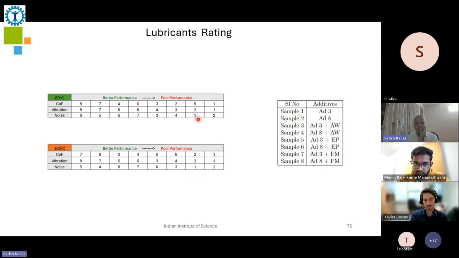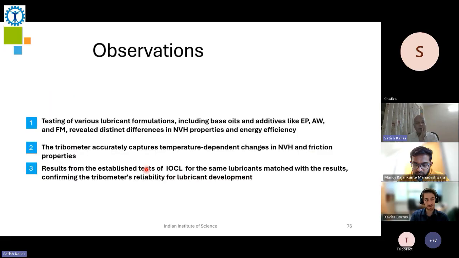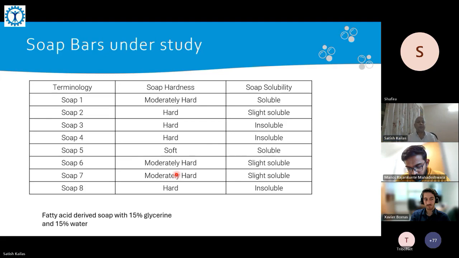So we have different gradations, and we presented all this data to Indian Oil. And what they told us was that the results match the established tests of IOCL, because they have some industrial standard tests, which for one formulation might take a lot of time. This is done much faster, and we are able to pick up good, reliable data using this particular machine.